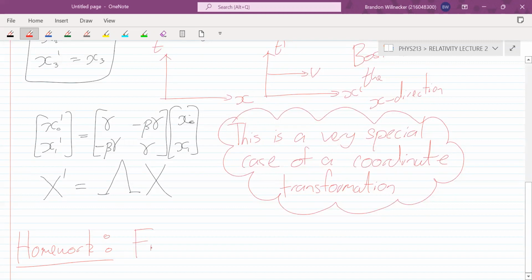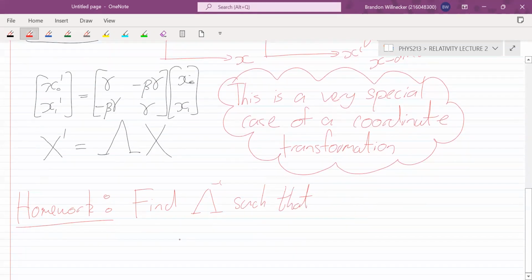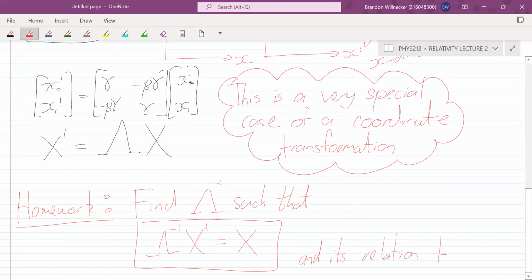So find lambda inverse such that we can go back. So we can have lambda inverse times x prime is x. Okay, we want to go back. So find lambda inverse and its relation to lambda.